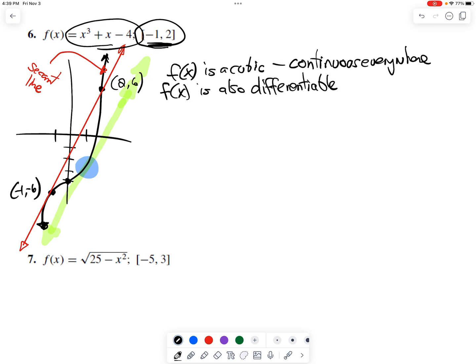There's no place where we can't take a derivative. There's no cusps, no endpoints, no vertical asymptotes on this one. So it's also differentiable over that open interval, -1 to 2. Our conditions are met. We can proceed with what the mean value theorem ensures.